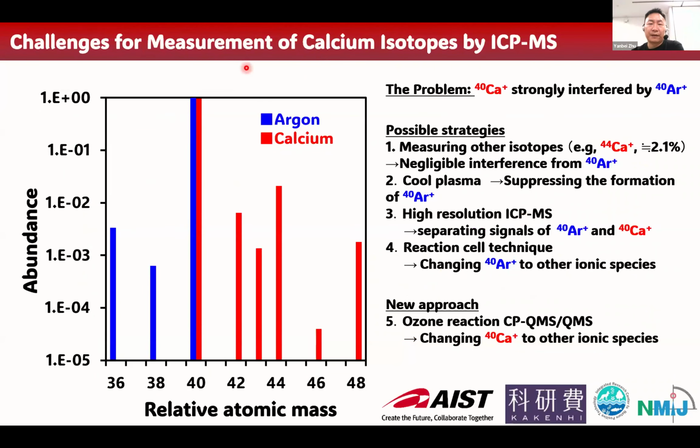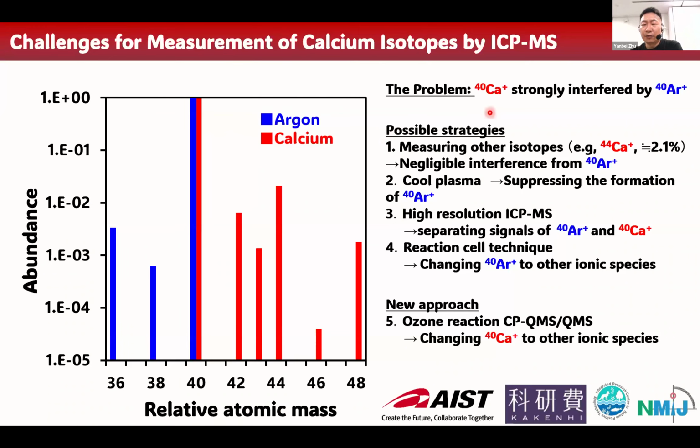The topic of my research here focuses on calcium. Here are the relative atomic masses of isotopes of argon in blue and calcium in red. The vertical axis shows abundance.